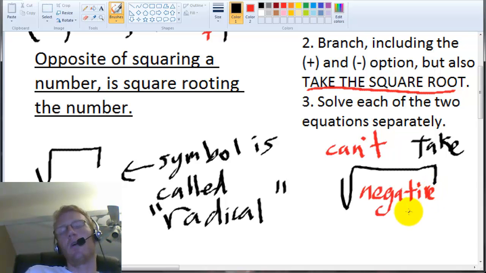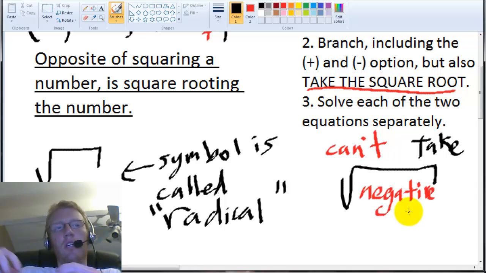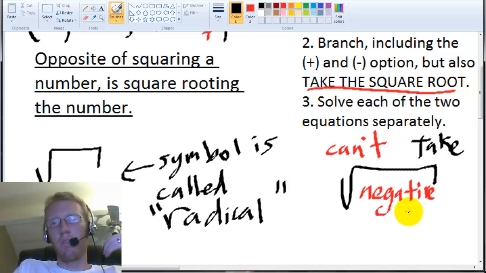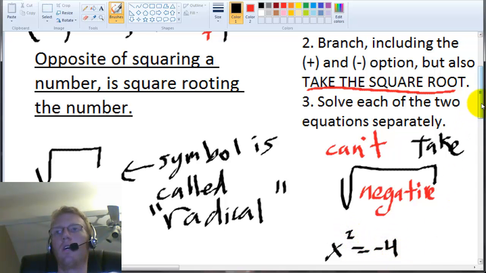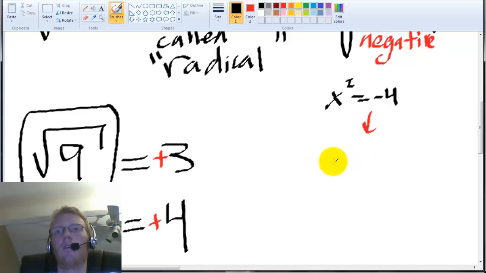Another way of saying that is when you square a number, it always comes out positive. So when you're working backwards, you can never have the result of squaring something be negative. So if you end up with something like x squared equals negative 4, then your answer would be no solution.